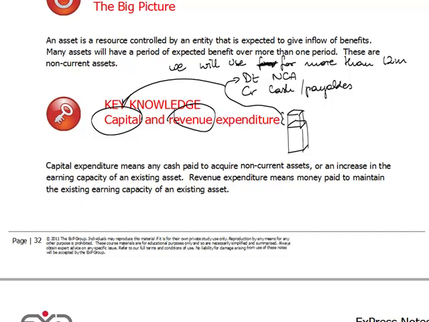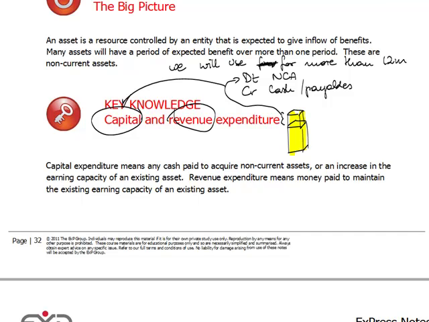Now, sometimes, on the other hand, we will incur expenses which are related to this building, but will not be treated as an extension to the value of a non-current asset. For example, if we decide to paint it, that's just maintenance. It does not increase the revenue generating capacity of that building. In other words, we will not make more money.